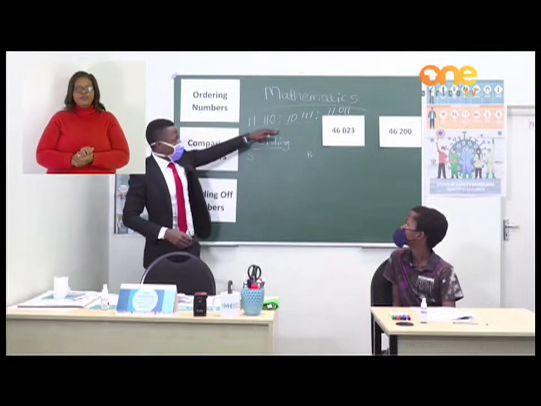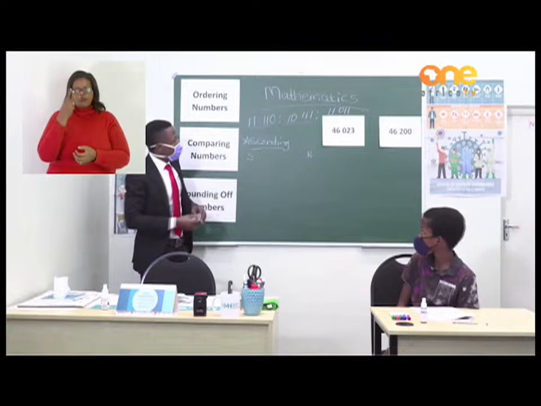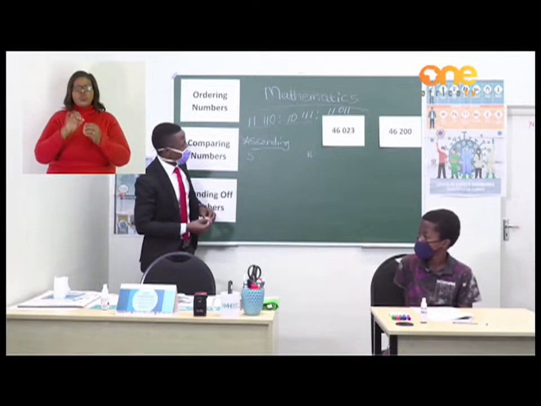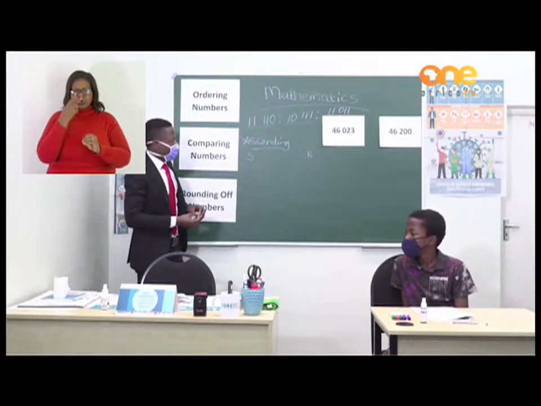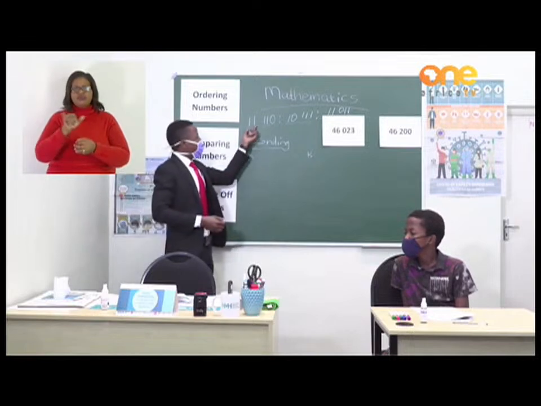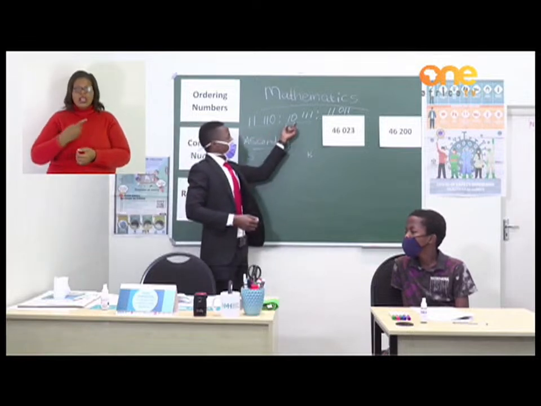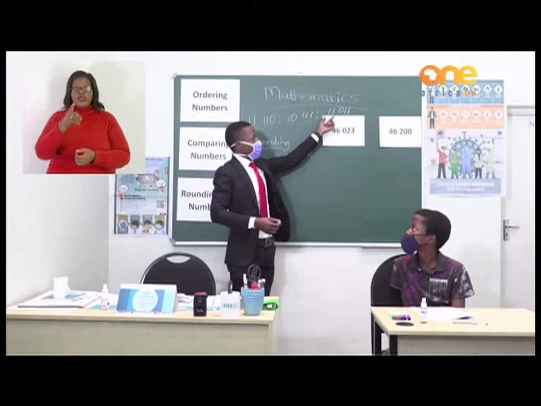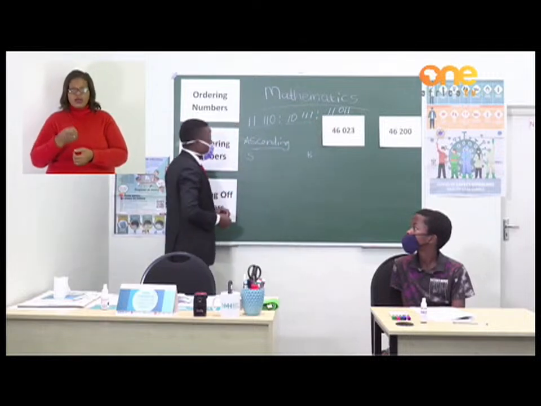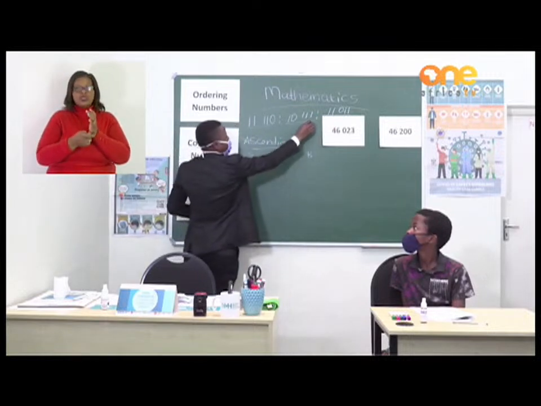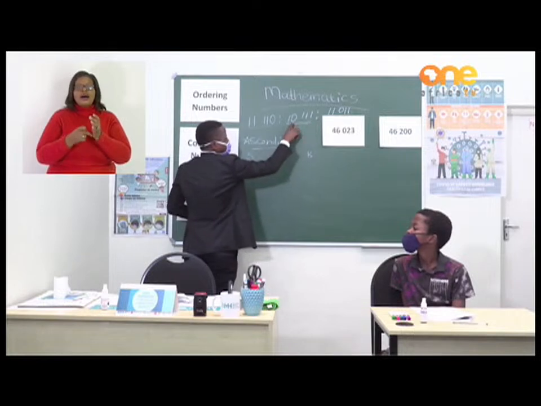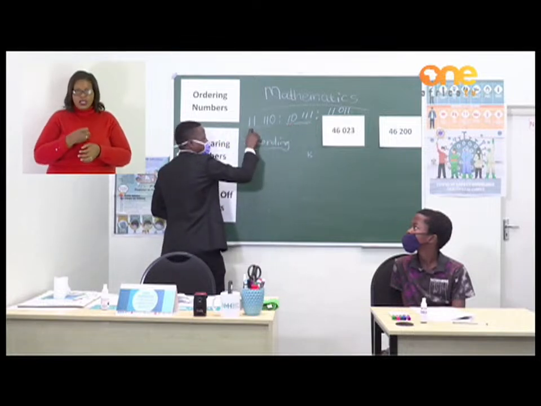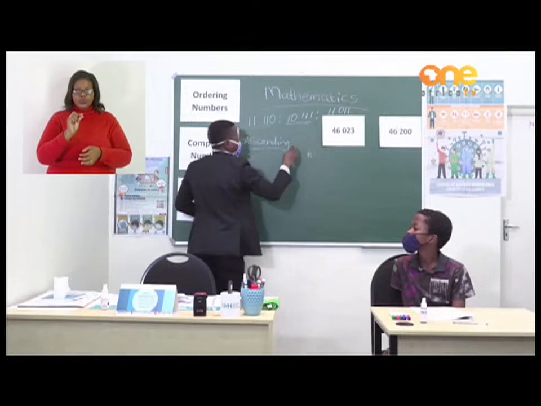So, look at the 3 numbers. Which number could you consider to be the smallest number? Here I'm having 11,110, I have 10,111, I have 11,011. So in that manner, I already know that this number, 10,111, is smaller than 11,110 and 11,011.